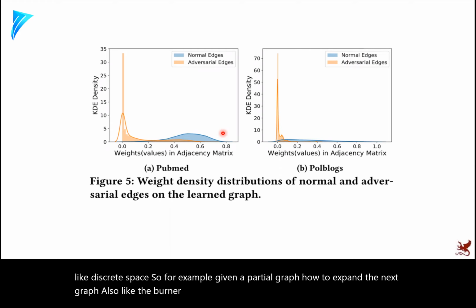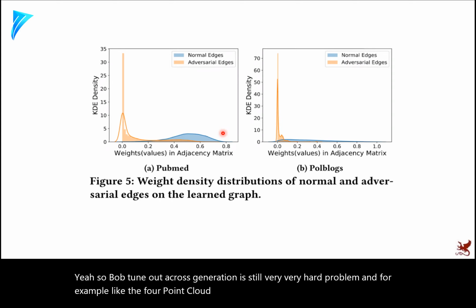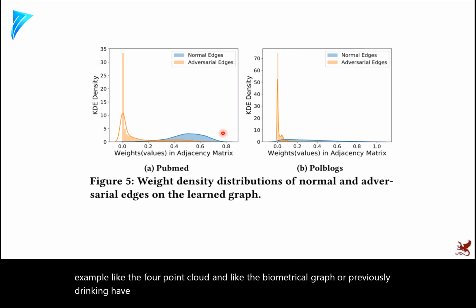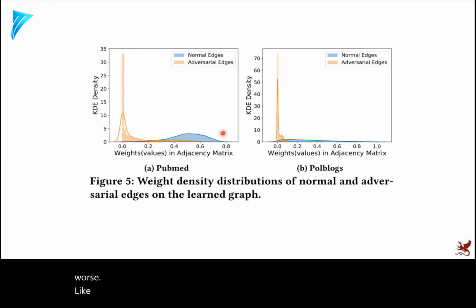But till now, graph generation is still a very hard problem, for example for point clouds and biomedical graphs, or like Junheng previously introduced with AlphaFold, how to estimate the intermediate structure. All this kind of problem is still very hard, and I think it is worth spending more time on. So that's all for this part of the lecture.